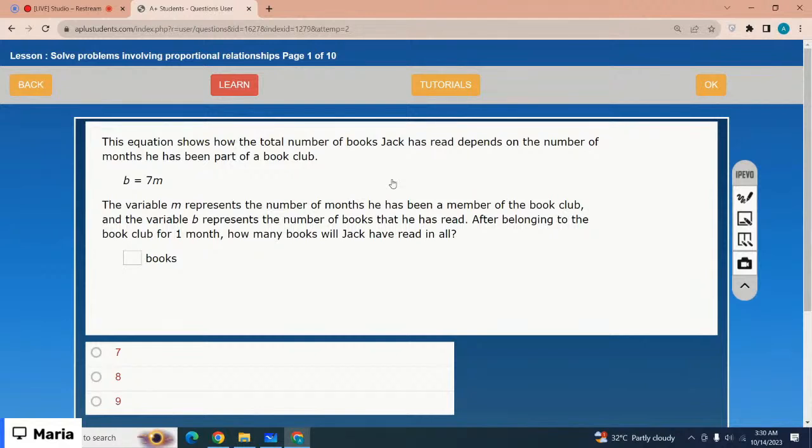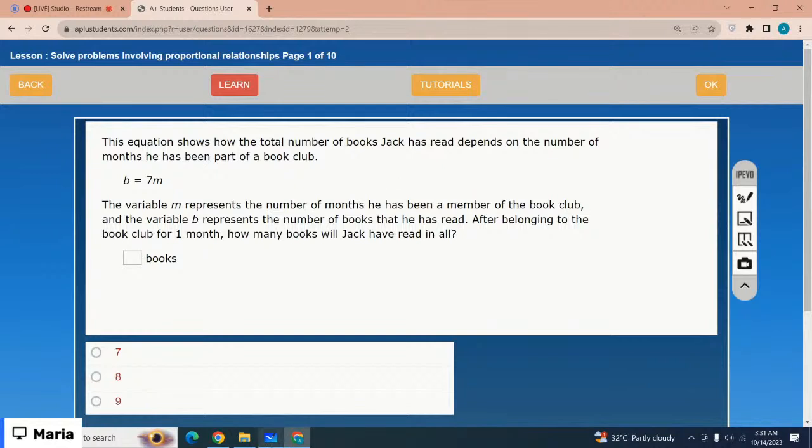The variable M represents the number of months he has been a member of the book club and the variable B represents the number of books that he has read. After belonging to the book club for 1 month, how many books will Jack have read in all?